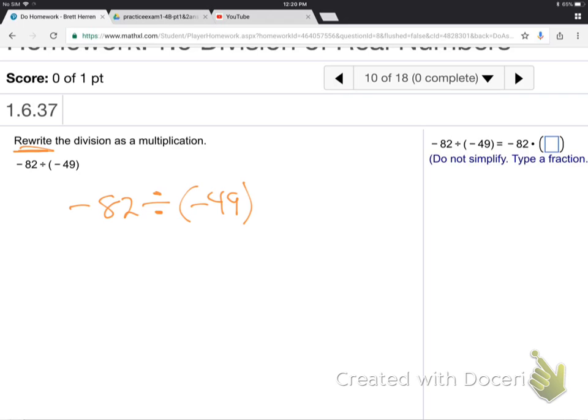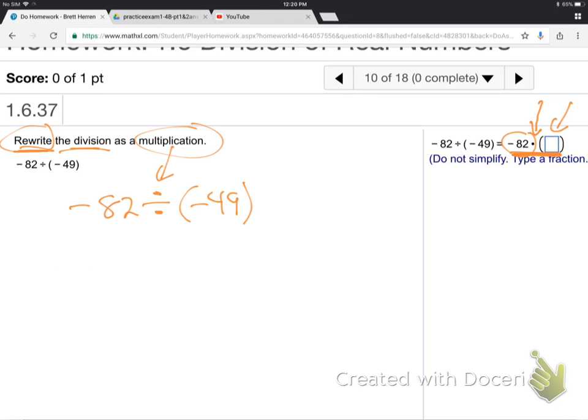So how do they want me to rewrite it? Well, here it is right here. They're wanting the minus 82 to just stay as it is in the front, no change to the front. And then they want me to somehow make it times when it's really not times, it's divide. They're saying rewrite this division problem as a multiplication problem.